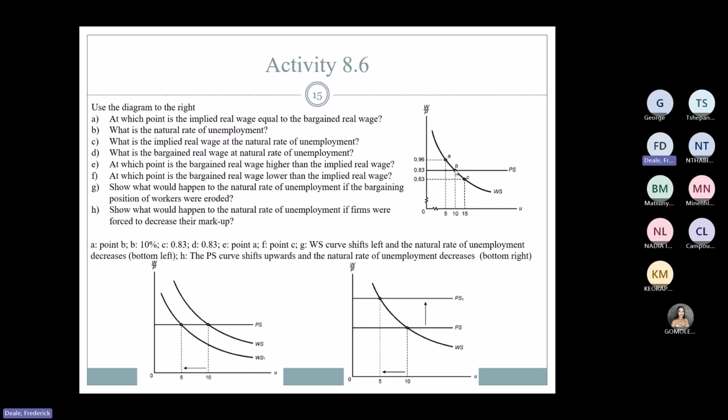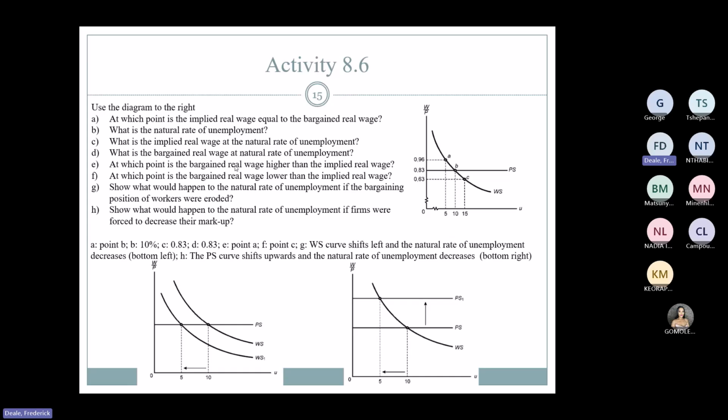At this 10%, if you follow the 10% up, what is the implied real wage? Go up, up, up. They intersect there. At that level, the implied real wage is 0.83. So that's the way you track it. You go up from that 10% to where they intersect, go to the left, that's 0.83.